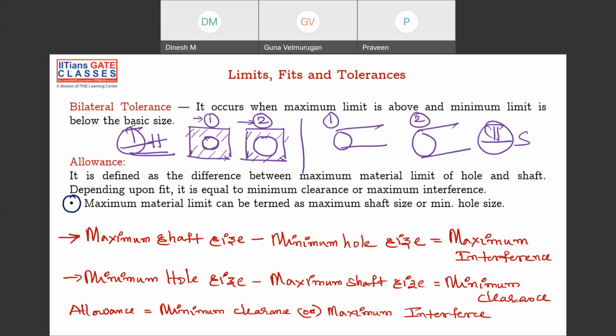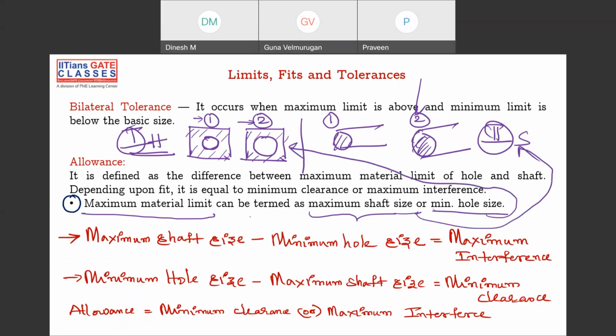If you have minimum hole size, then only you'll have maximum material. If you go into the second case of shaft, more the shaft dimension, more the material, so case 2 will have more material. That is the reason the maximum material limit is termed as maximum shaft size, or minimum hole size. Is it clear now what the maximum material limit is?